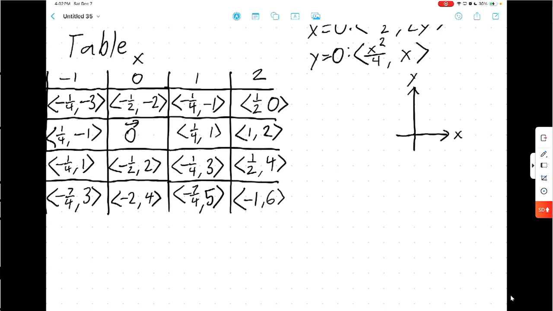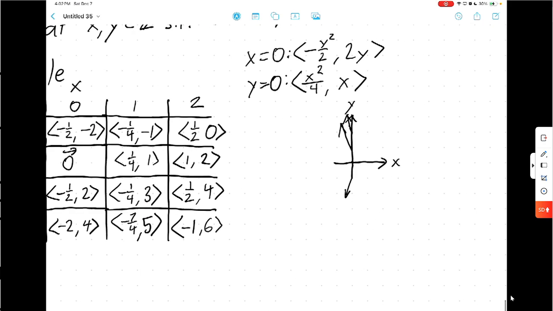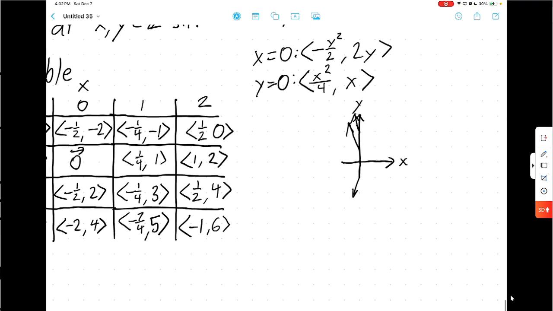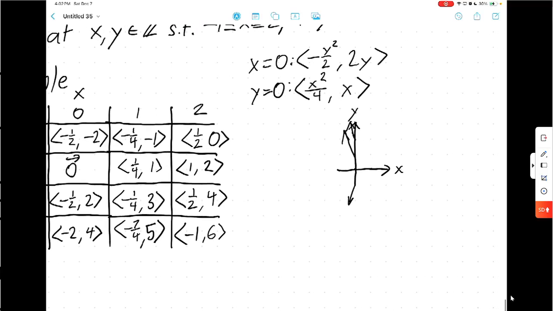It's going to point down more than up, so it's going to do this. This is going to point up and to the left like this, and then even more so like this. Then we're going to have negative at 1. We're going to have 1/4 of 1, which is going to be something like that.